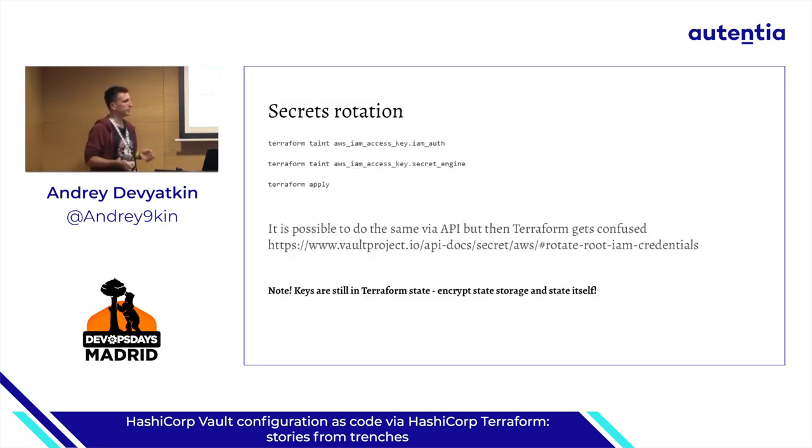For IAM stuff, it's a little bit more complicated. I would suggest doing it this way: you could say terraform taint and then the resource name, and then you can run terraform apply. Terraform will recreate those resources for you. It's possible to do via the Vault API, but then Terraform gets confused a lot. Vault will go into AWS, delete the credentials created by Terraform, create new credentials, and start using those. But next time you run Terraform, Terraform says, whoa, someone deleted the credentials I created.